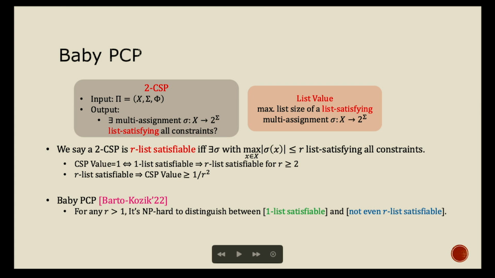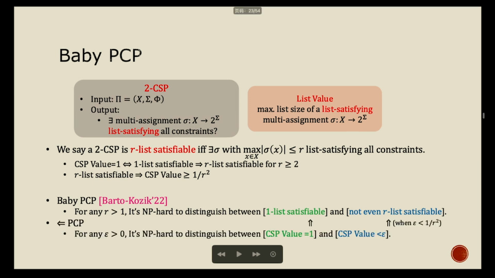In 2022, Barto and Kozik proved the following Baby PCP theorem. For any constant R greater than 1, it is NP-hard to distinguish between 2-CSP is 1-list satisfiable or not even R-list satisfiable. Why do we call that Baby PCP? Because it's a direct implication of the normal PCP theorem.